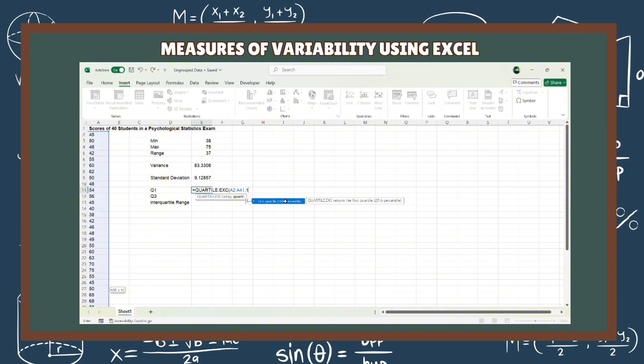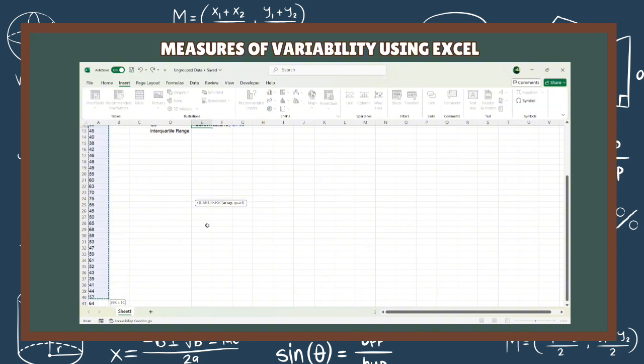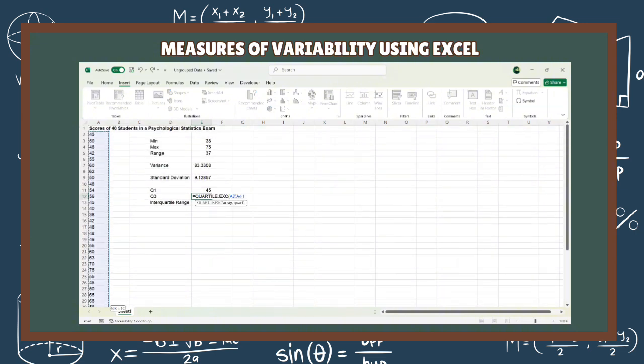Close the bracket and press enter. For the quartile number 3, repeat the same process but replace 1 with 3. So equals quartile, highlight the data set, add comma, and then press 3.